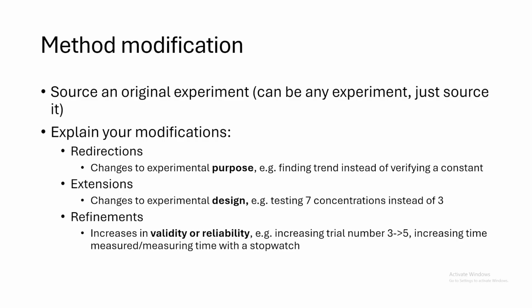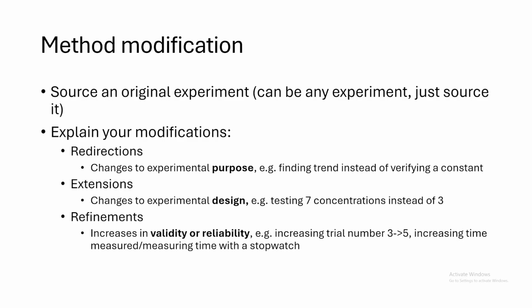The second modification is an extension, which is changes to experimental design. So for example, if you were testing 3 concentrations of acid in the original experiment, an extension of that experiment would be to test 7 concentrations, because that will give you a better picture of the trend of behavior that the acid has.